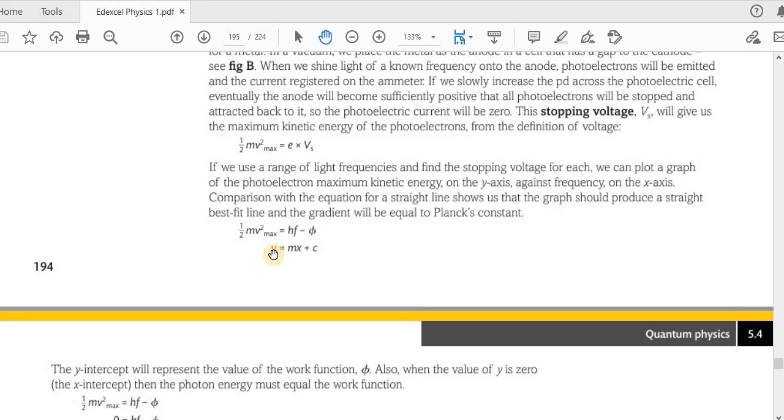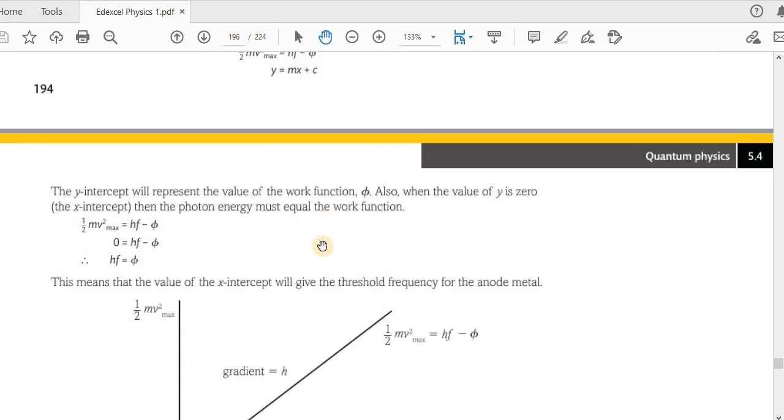So from this you can see that h is the gradient, and this is the y-intercept. Since it's plus c, this will be minus phi. I will write it and show you, then it's easier. So therefore you can see the y-intercept will represent the value of the work function phi.